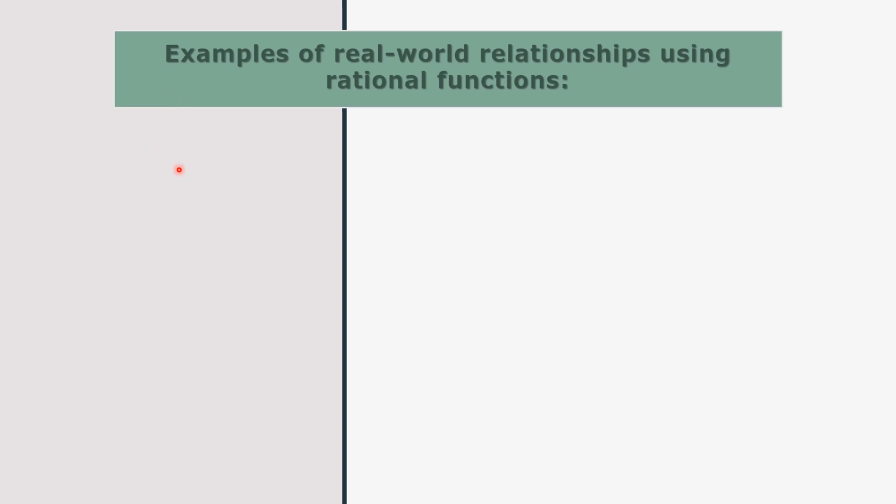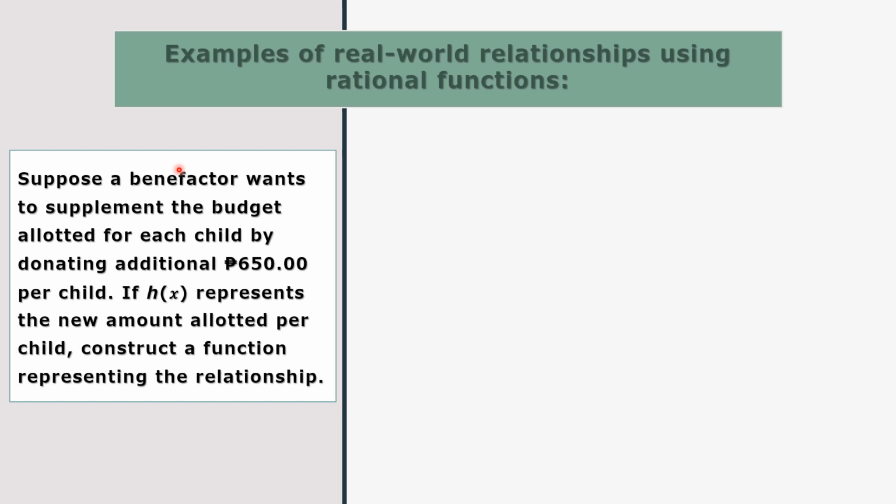Our next example is based on our previous example. Now there is a benefactor who wants to supplement the budget allotted for each child by donating an additional 650 pesos per child. If the function h of x represents the new amount allotted per child, construct a function representing the relationship.